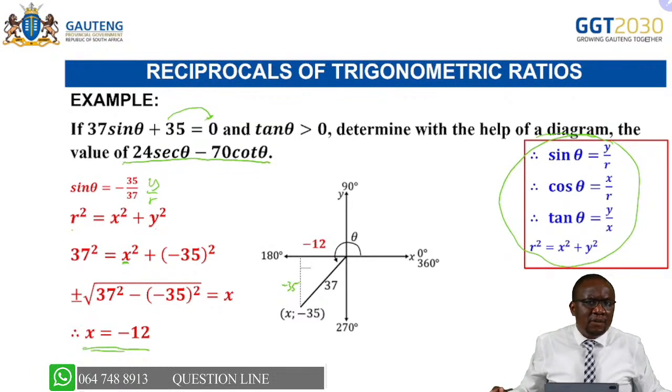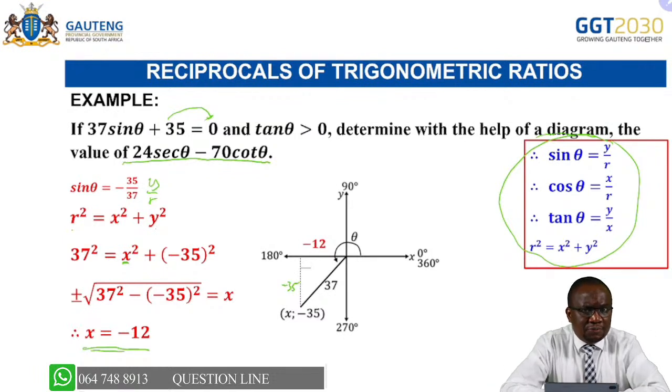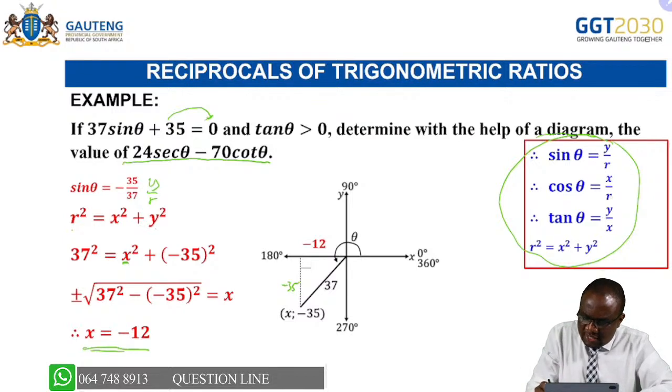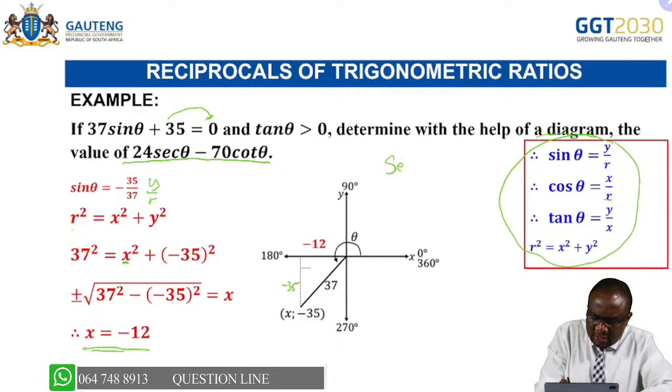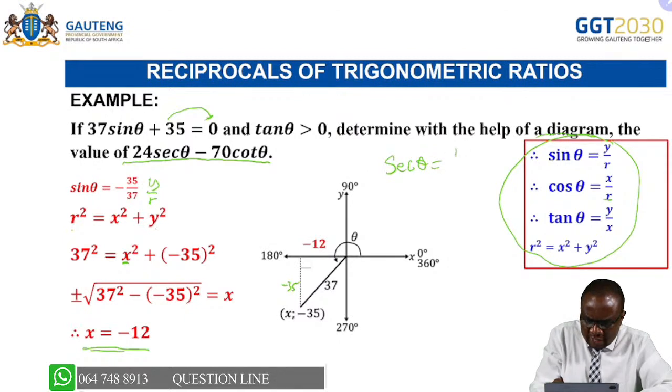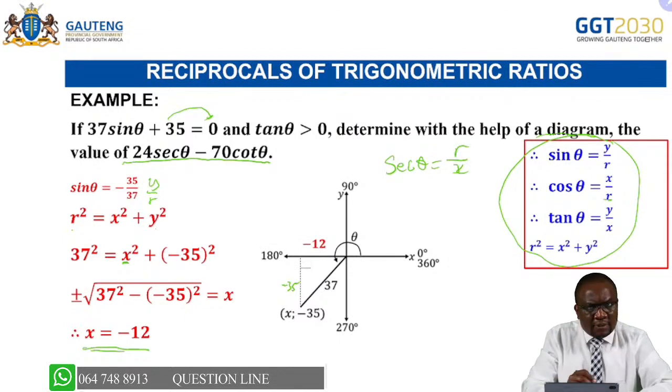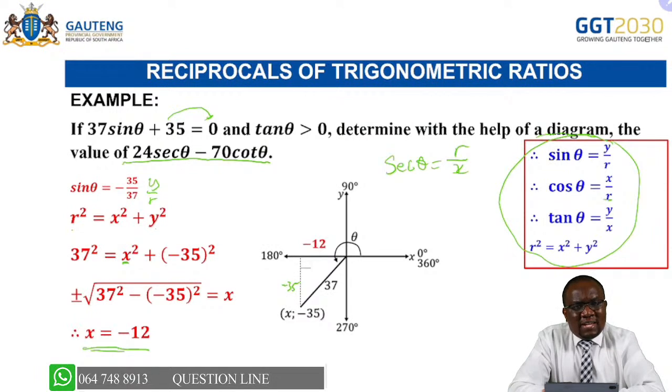Sec theta is the reciprocal of which ratio? It's the reciprocal of cos theta. Remember that. Cos theta is x over r, so sec theta is going to be r over x.